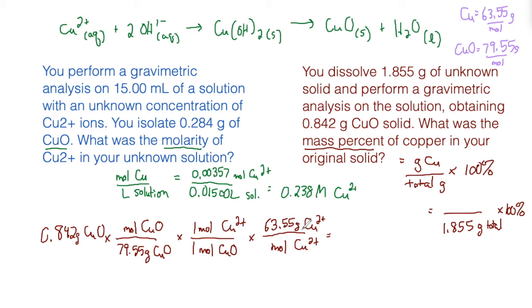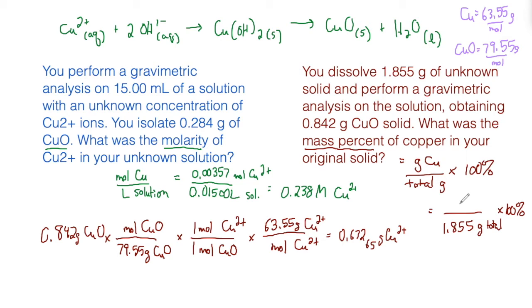Or we can just use this molar mass. The molar mass of a copper 2 ion is essentially the same as the molar mass of a copper atom. The 2 missing electrons do not affect the mass very much at all. And I'm getting 0.673, or 0.67265, grams of copper 2 ions.